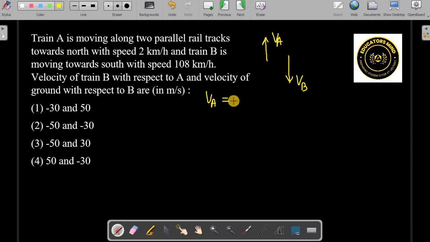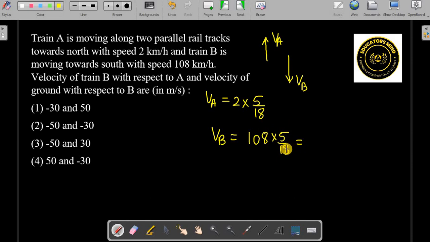So VA is how much? 2 km per hour, so we can multiply by 5 by 18. Similarly VB, I think it cannot be 2, maybe it is 72, something is missing here. Similarly 108 multiplied by 5 by 18.